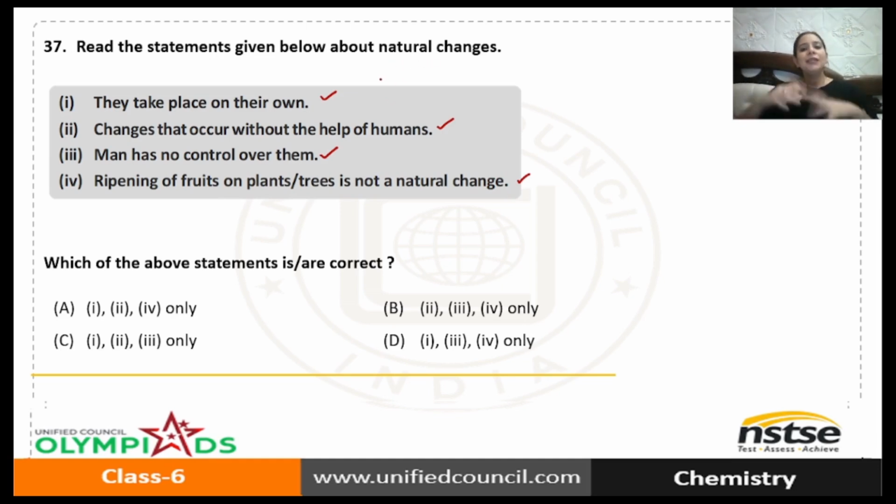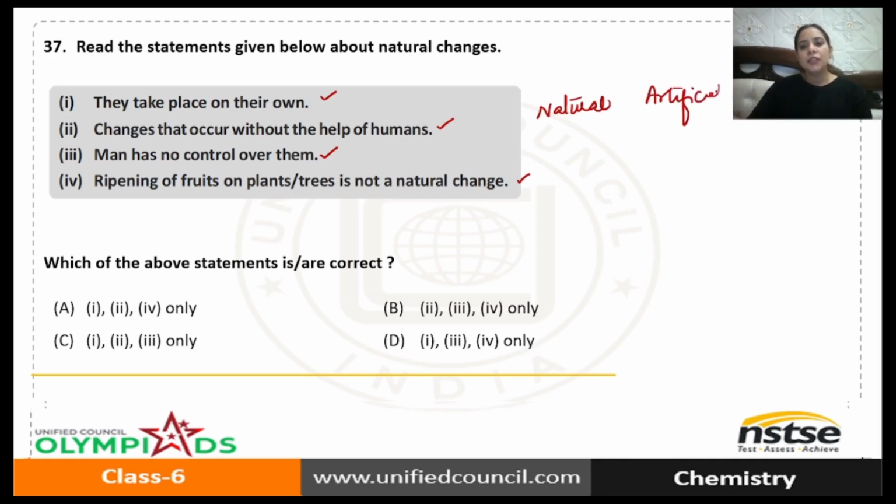So we all see changes around us. Changes can be classified as natural changes and also as artificial changes, that is, changes that are made by man. Natural changes means anything which occurs naturally. That means you are not putting any kind of effort, but whatever is happening, it is happening naturally.